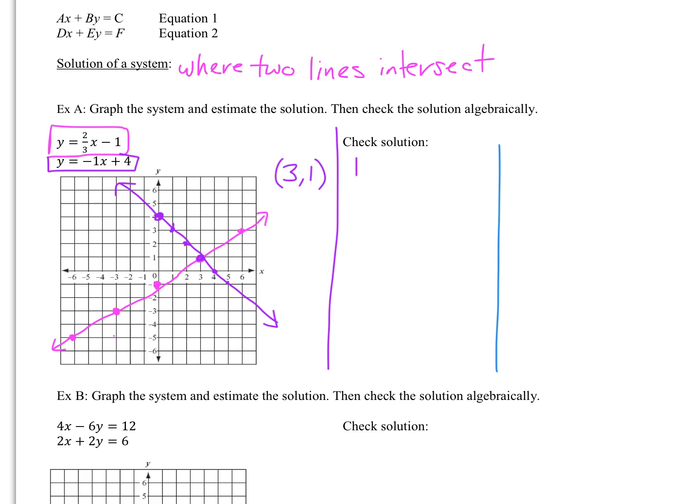So 1 equals 2/3 times my x value, which was 3, and then -1. So I'm just plugging in my x and y, okay?